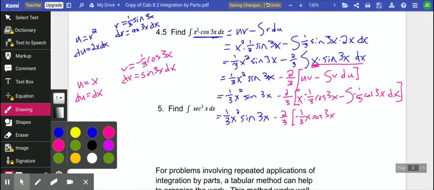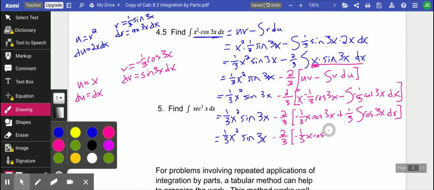And then here, I'm going to pull out the negative 1/3, so I'll make that plus 1/3, and the antiderivative of cosine 3x dx. All right, we are getting close, I promise. Okay, everything's still okay with that part of it, the negative 1/3 x cosine 3x and the 1/3.